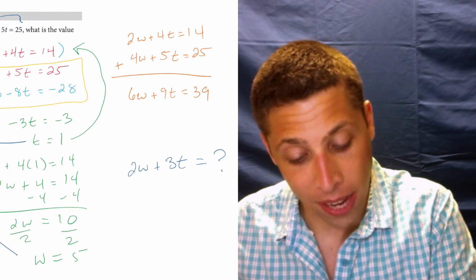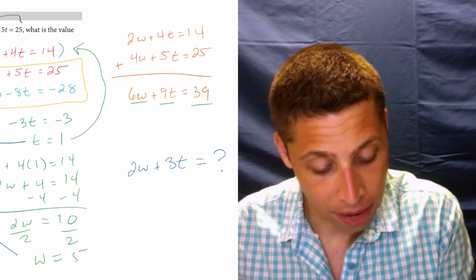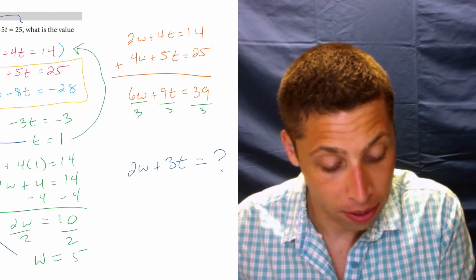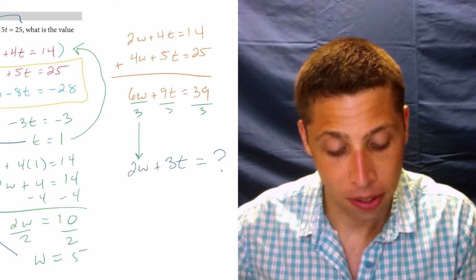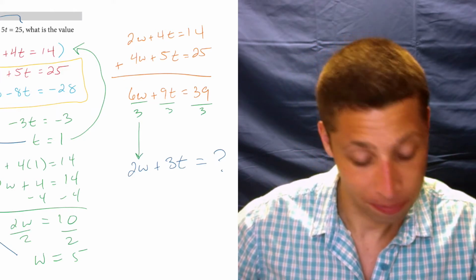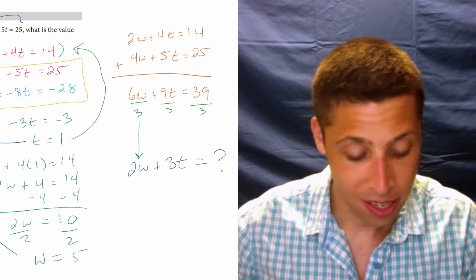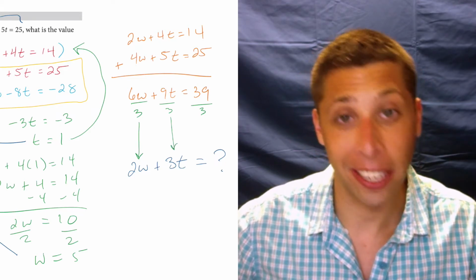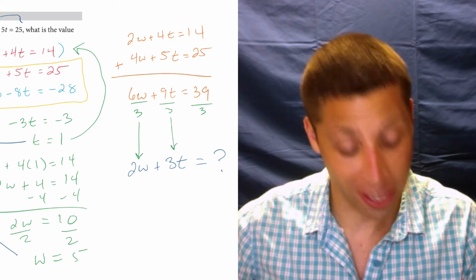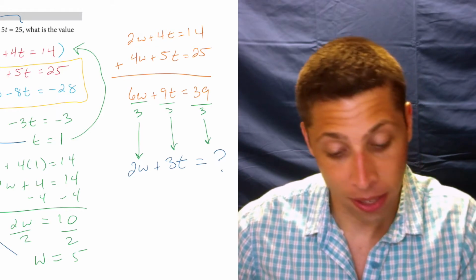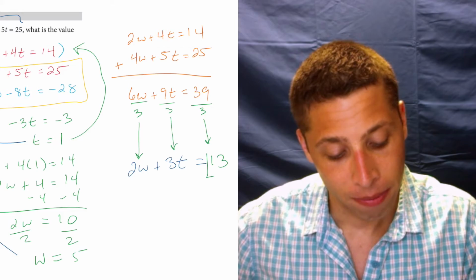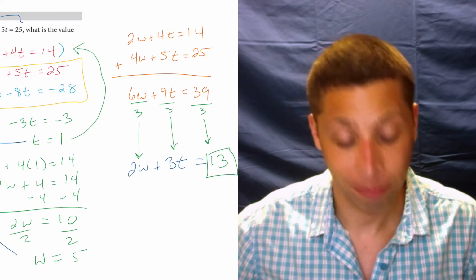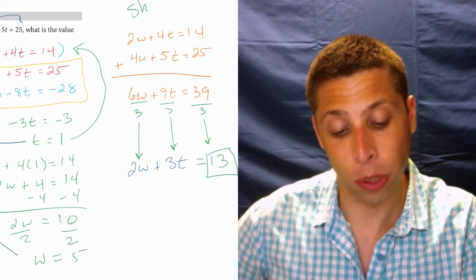If we divide everything by 3, what's 6w divided by 3? 2w. What's 9t divided by 3? 3t. What's 39 divided by 3? Well, it's the same answer we got. 13. This is the shortcut.